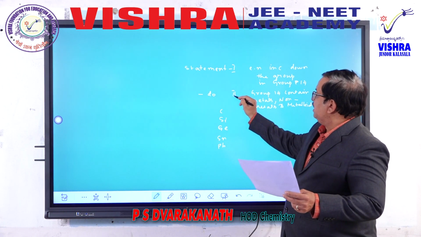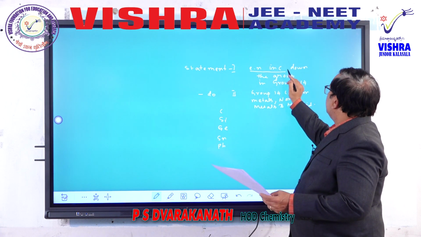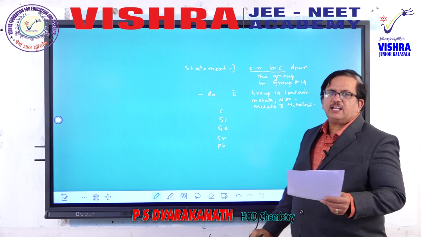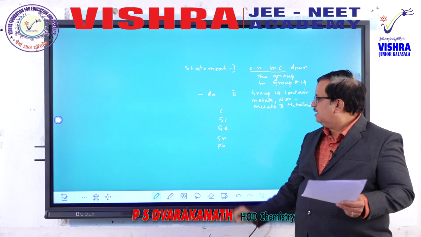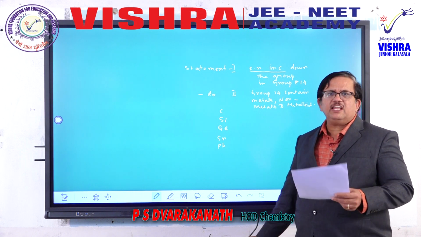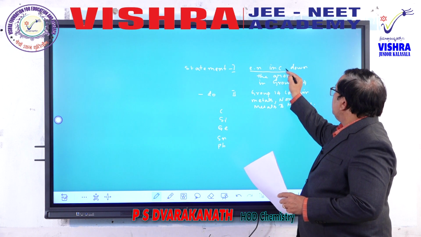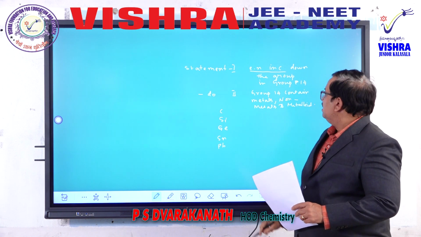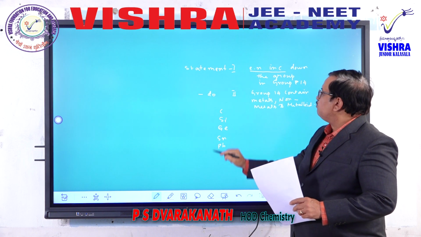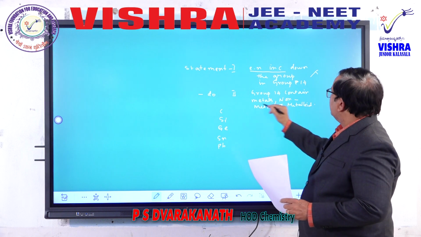The statement 2 is perfectly correct. But if you look at the electronegativity, what happens to it? It will be highest for carbon and the next elements are nearly the same. But here it says electronegativity increases. It may not be true for any group. Therefore, the statement 1 is incorrect and statement 2 is correct.